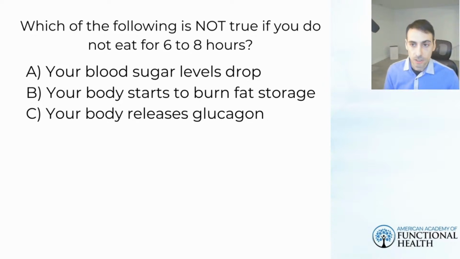Option B, your body starts to burn fat. Option C, your body releases glucagon. So which of the following are true or not true, right? Type in the chat. What do you think it is? A, B, or C? Which one is not true?